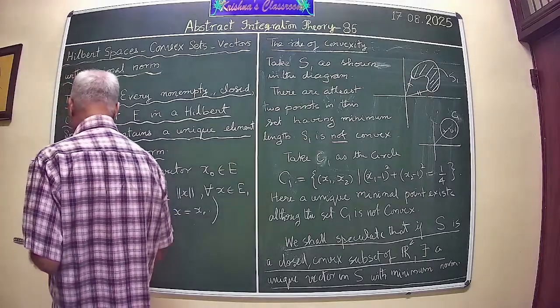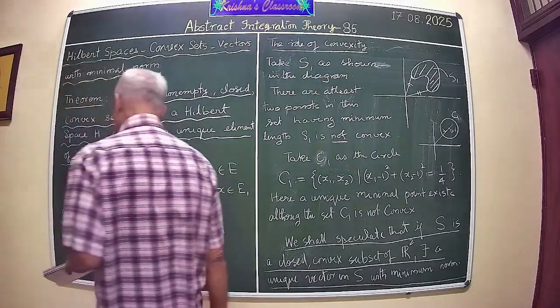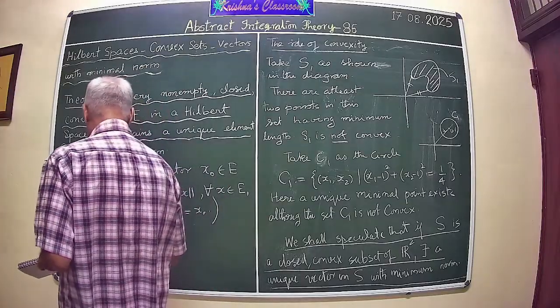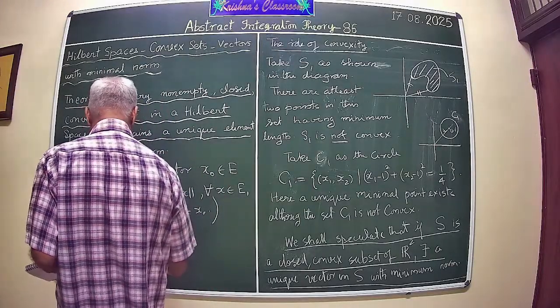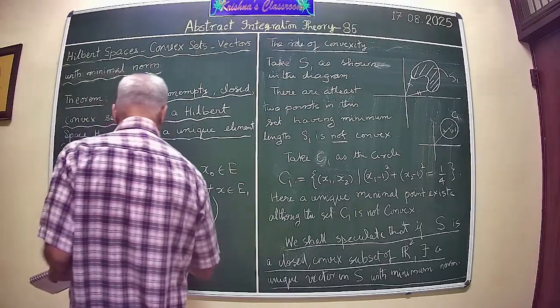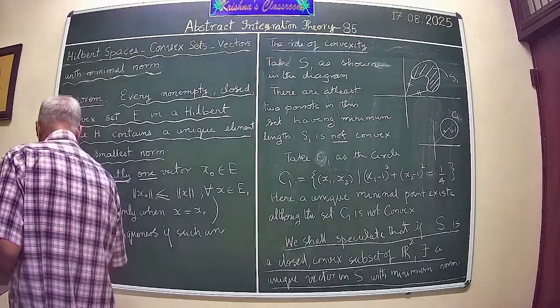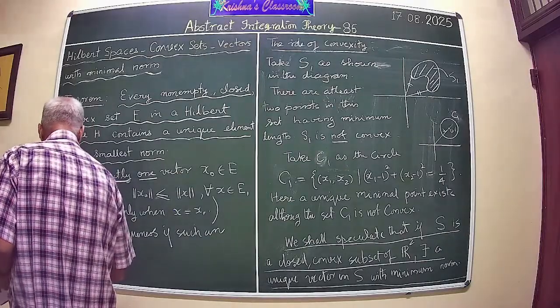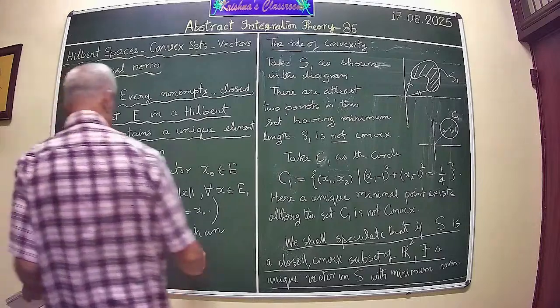So the first part is, suppose such an element exists, we prove its uniqueness.